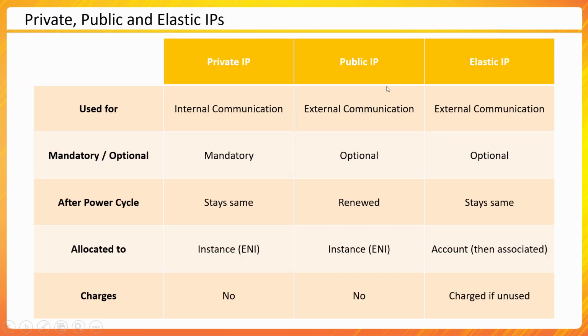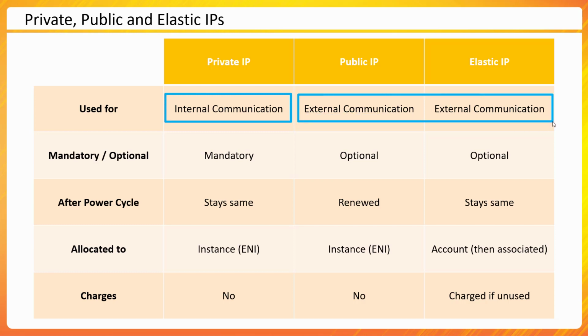So I have put together this information in a tabular format. Let's go through this quickly. So private IPs are used for internal communication. Public and elastic both can be used for external. Mandatory or optional? Private is mandatory. You can have an instance which would have a private IP and may not have a public IP. That is completely fine. But vice versa is not true.